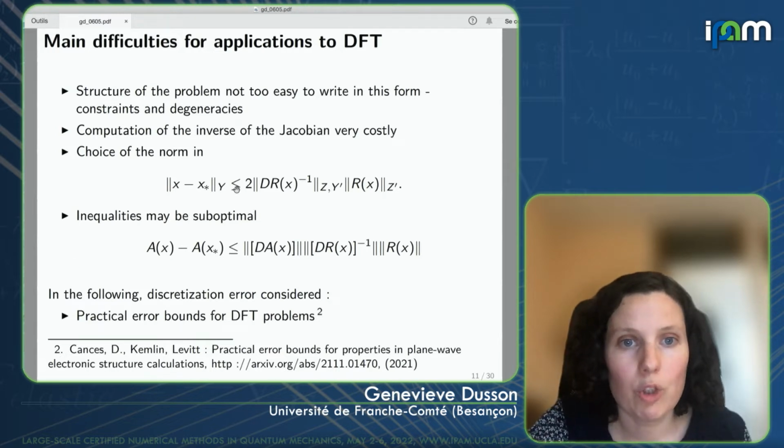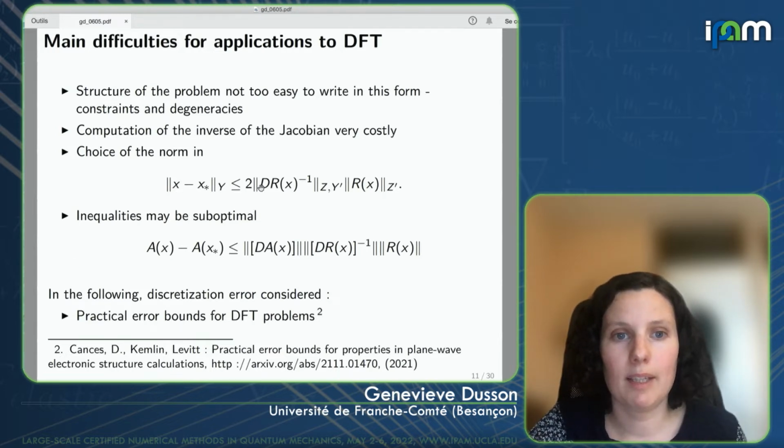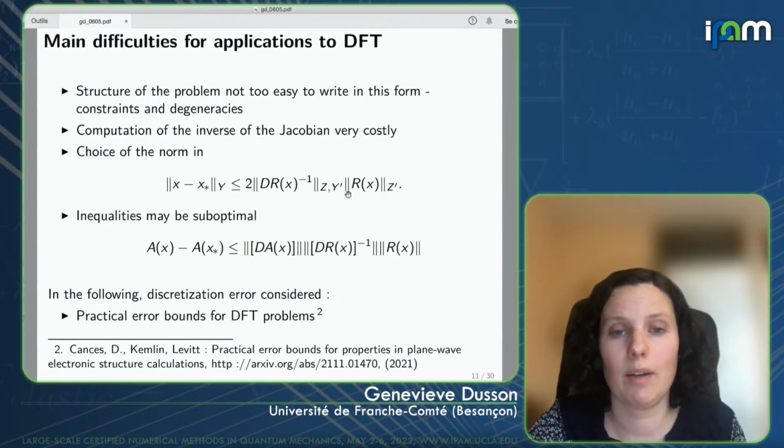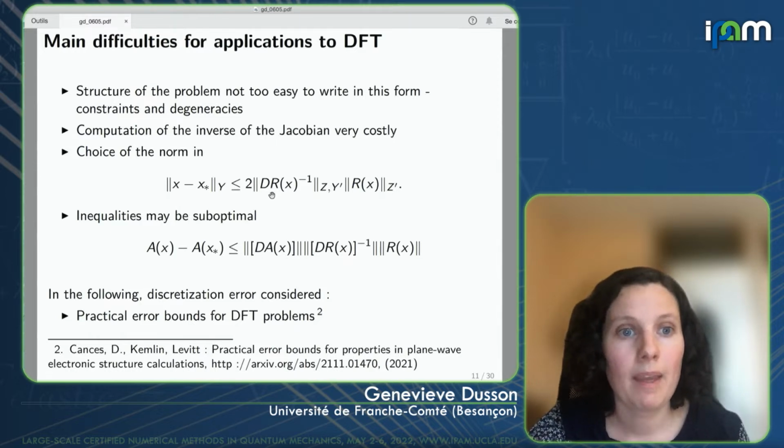And then the choice of the norm in this inequality plays a really big role in how much we will lose by writing such an inequality. And so we have to think carefully about what norms we should use.